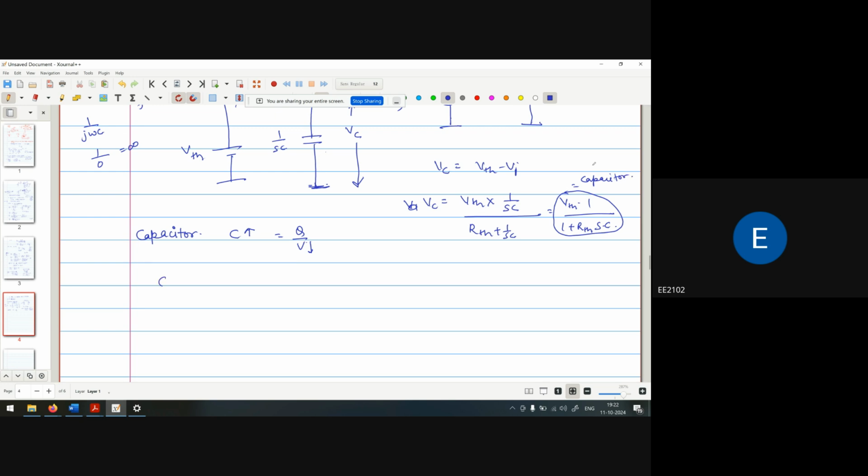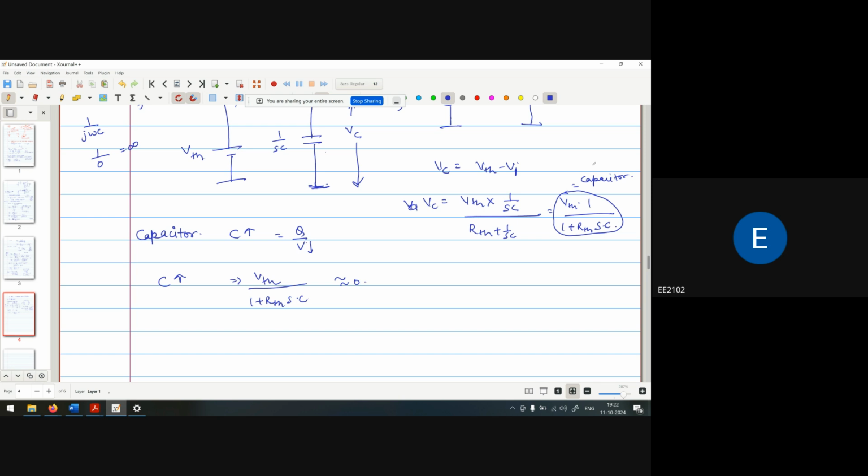For a high capacitor, VTH upon (1 plus RTH SC) should be approximately 0.